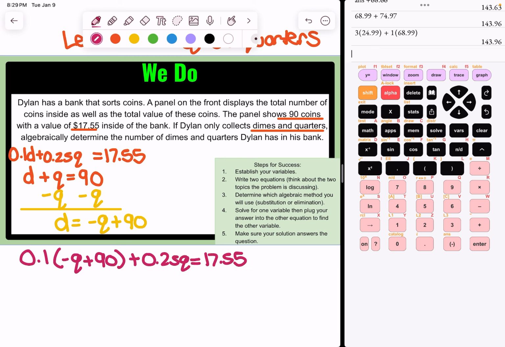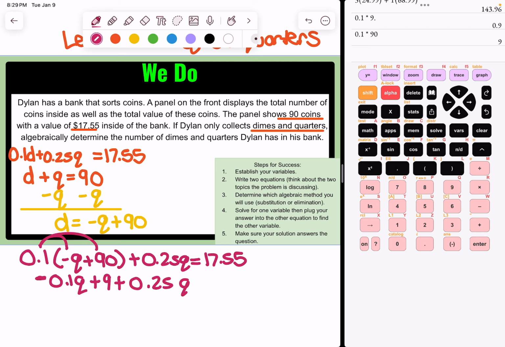And let's solve. This would be negative 0.1Q. 0.1 times 90 is 9. So plus 9 plus 0.25Q equals 17.55.